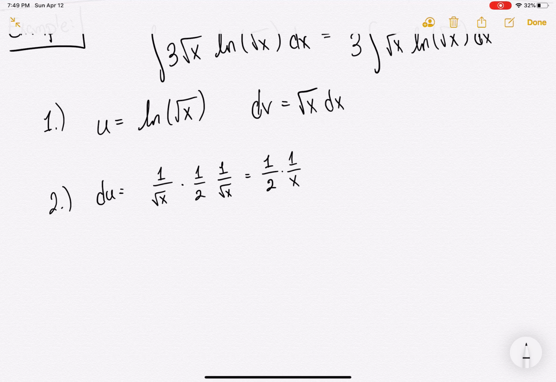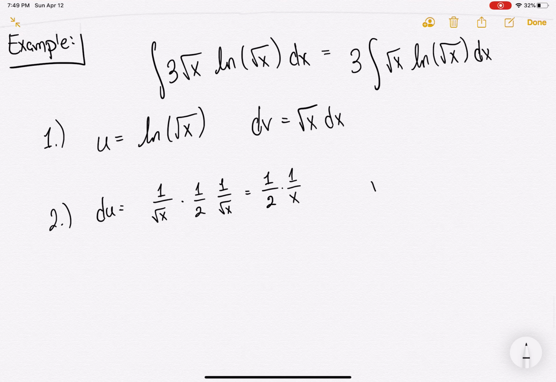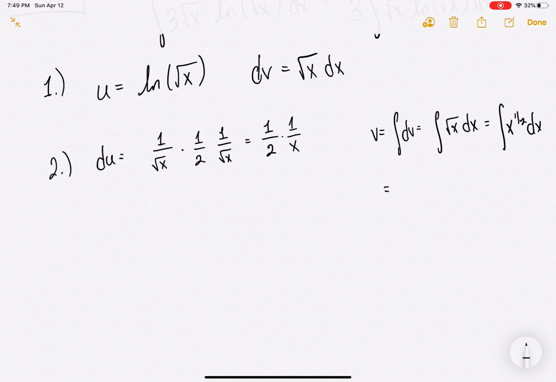It is, because of the powers that natural logs do. Anyway, we want to find v as well. v is the integral of dv, which in this case is the integral of root x dx, also known as the integral of x to the 1/2 dx. Well, what is the integral of x to the 1/2 dx? It is x to the 3/2 over 3/2, also known as 2/3 x to the 3/2.